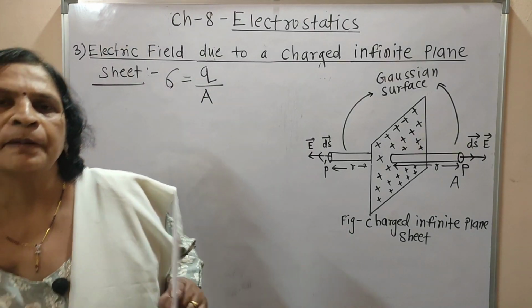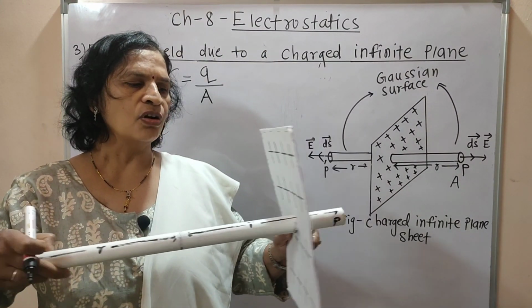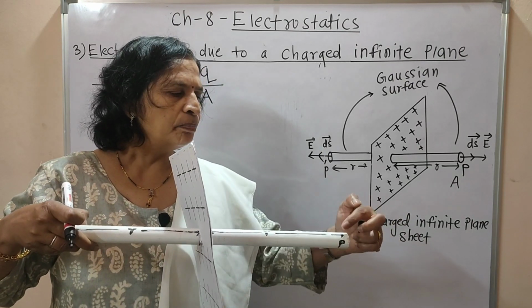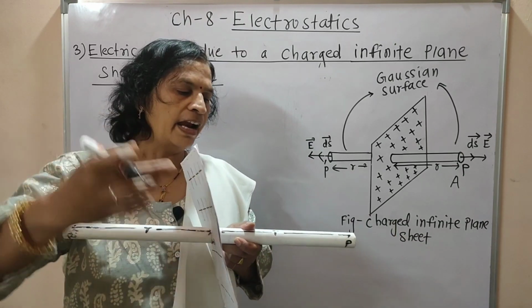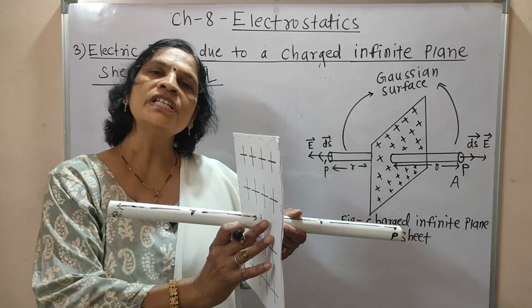This is the Gaussian surface, and consider two points, P and P dash, at a distance r and r from this sheet.